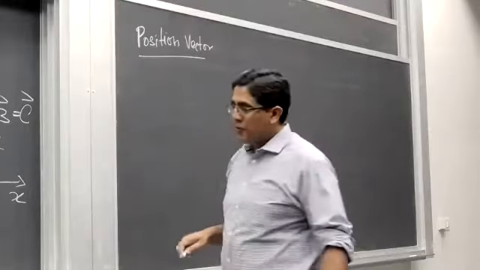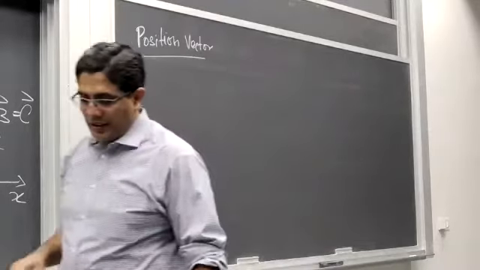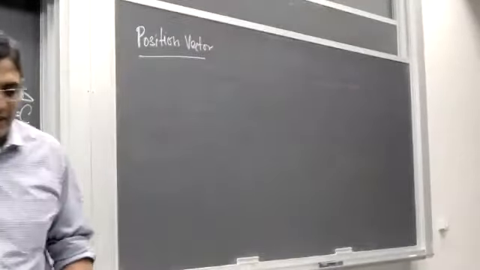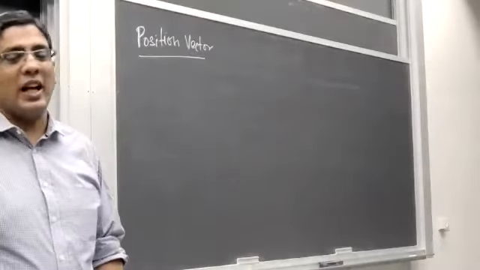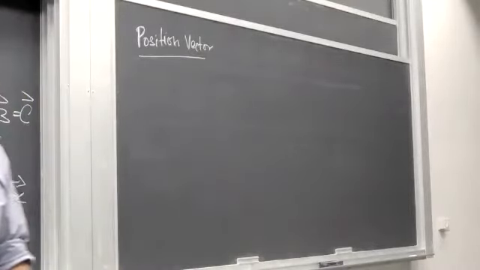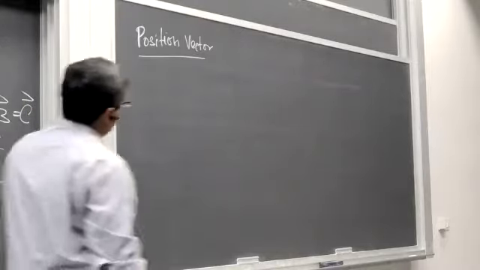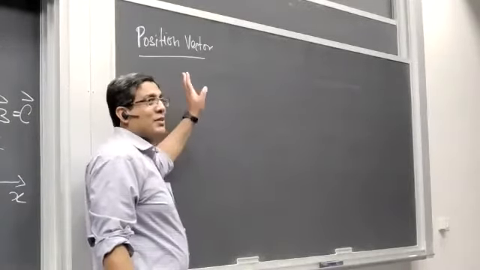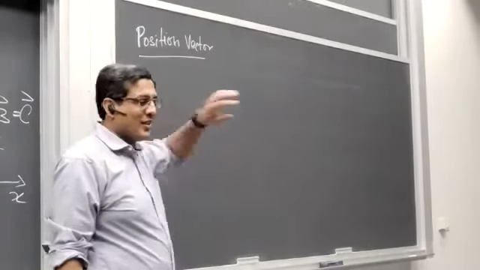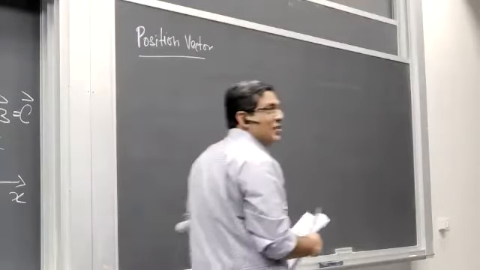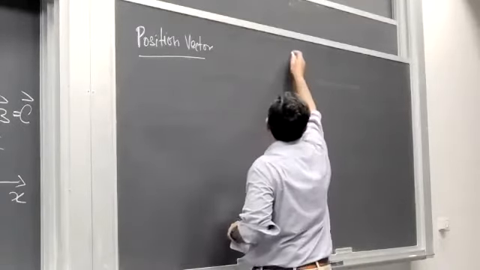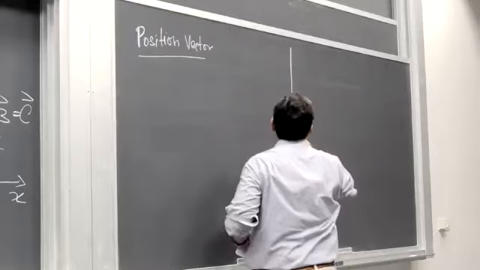Although I said a few moments ago that the vector can be drawn anywhere and its tail doesn't have to be attached to the origin, the position vector is a special vector. This vector would not make sense unless its tail is attached to the origin of the coordinate system.